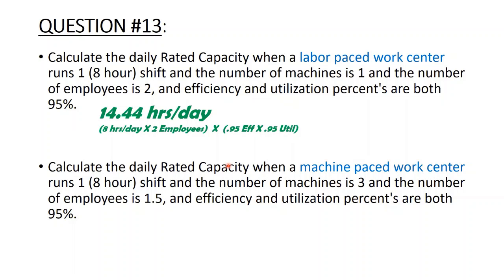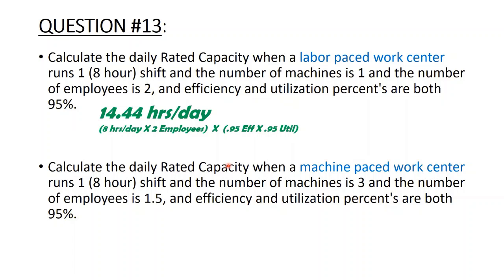If you got 14.44 hours per day, where you took 8 hours per day times 2 employees to get the gross capacity for this labor-paced work center, and then multiply it by the efficiency and utilization factors, then give yourself a point.